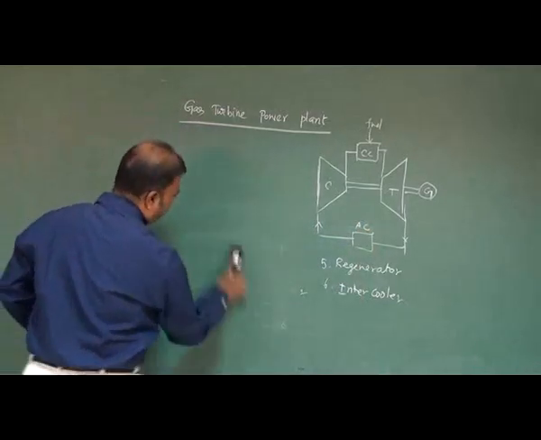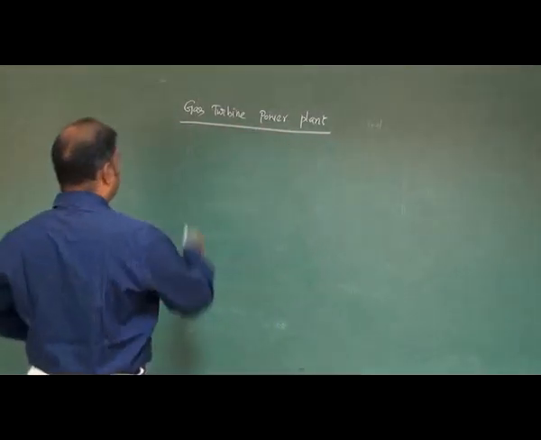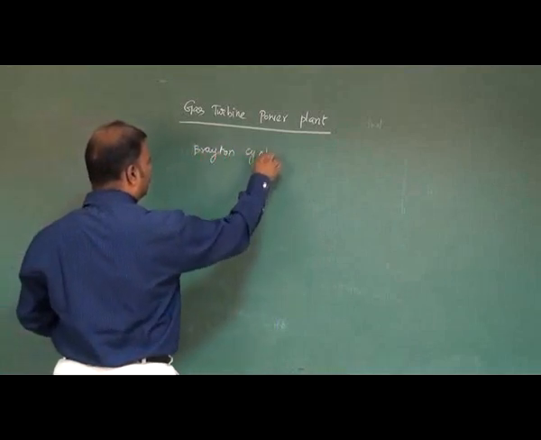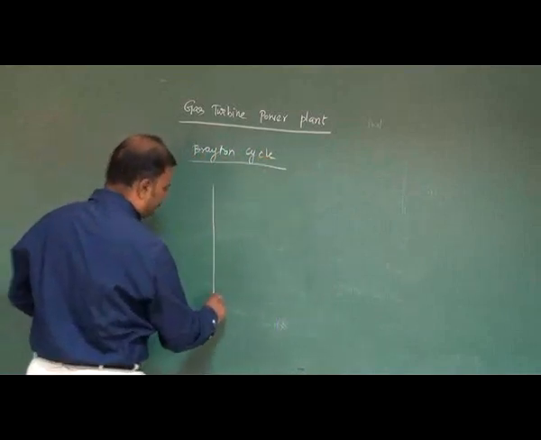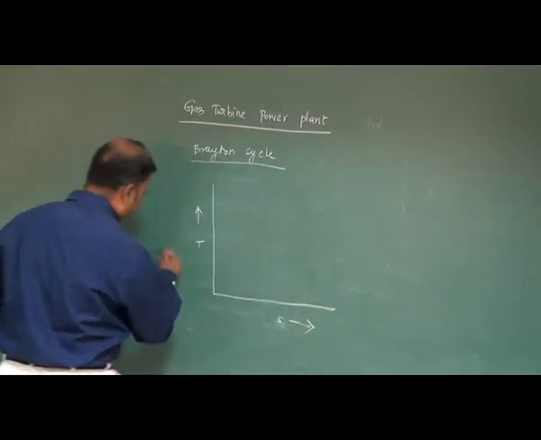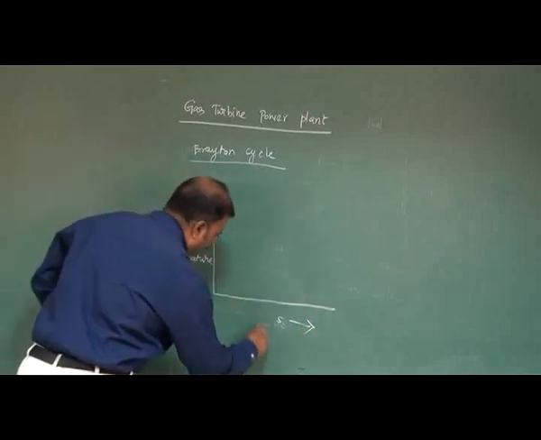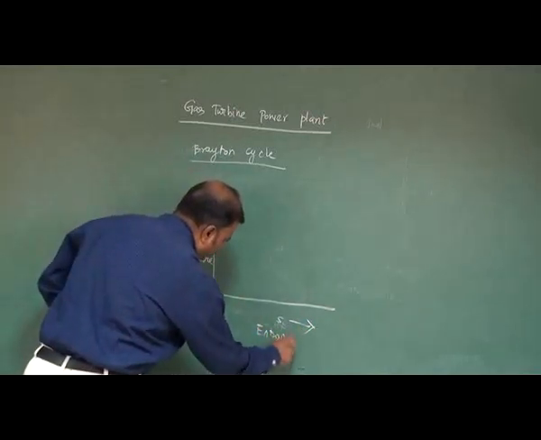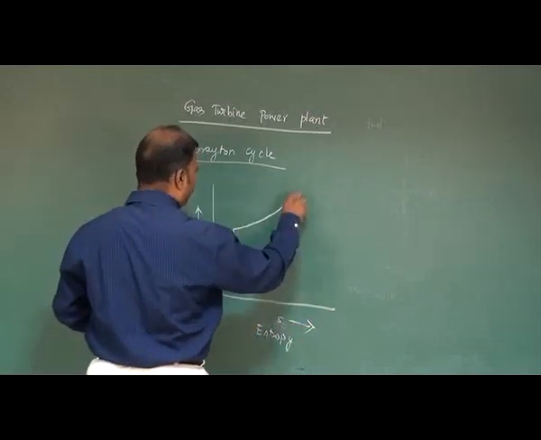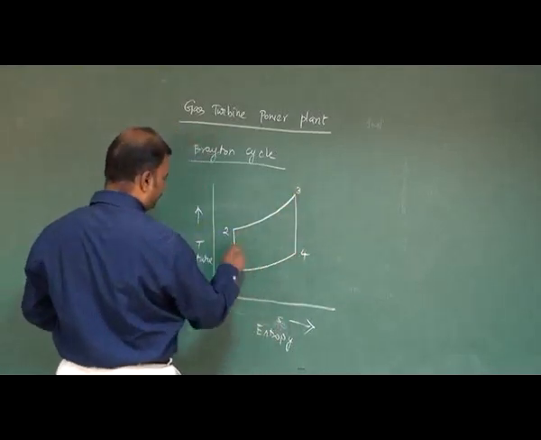The thermodynamic cycle involved in the gas turbine power plant is the Brayton cycle. While drawing the TS diagram, the temperature-entropy diagram, 1 to 2 is an isentropic compression, 2 to 3 is a constant pressure heat addition, and 3 to 4 is an isentropic expansion.